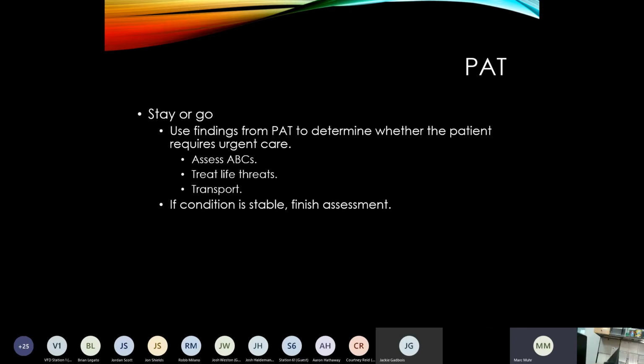Assess their ABCs, treat life threats, and transport as appropriate. We'll talk about appropriate destinations in just a little bit. If your patient is stable, then you can finish your assessment.